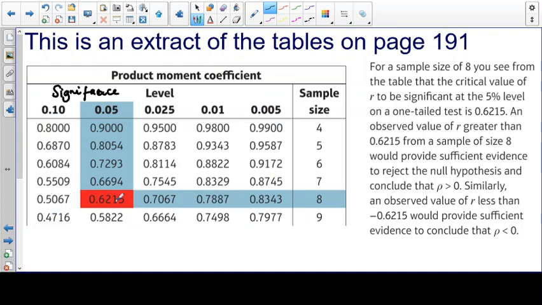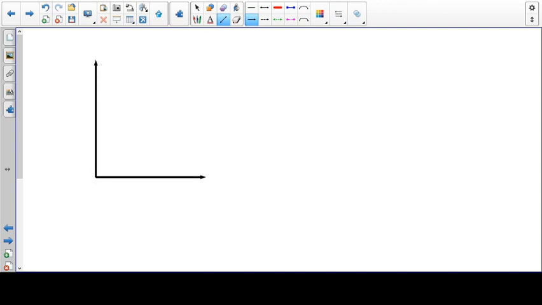So just to explain, someone asked me what these numbers actually are. I shall try to explain. It's to do with the likelihood, really, of getting correlation. So let's say you've got a sample of 2. So you've collected 2 pieces of data.